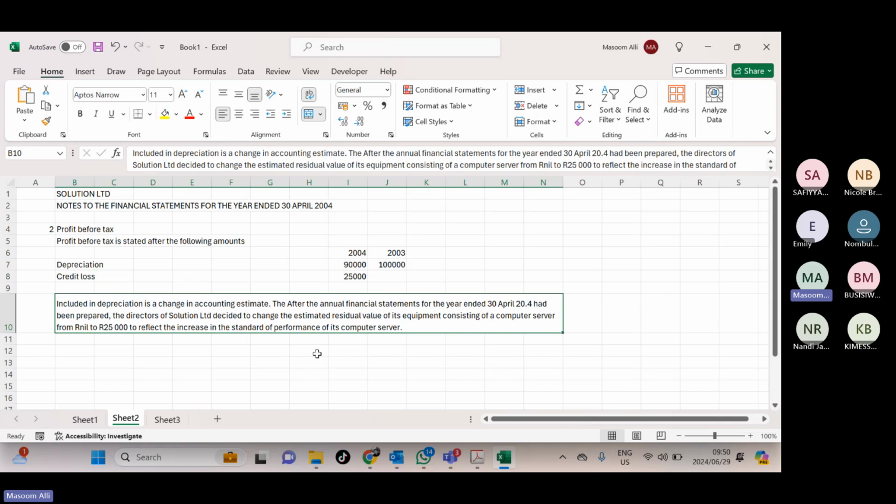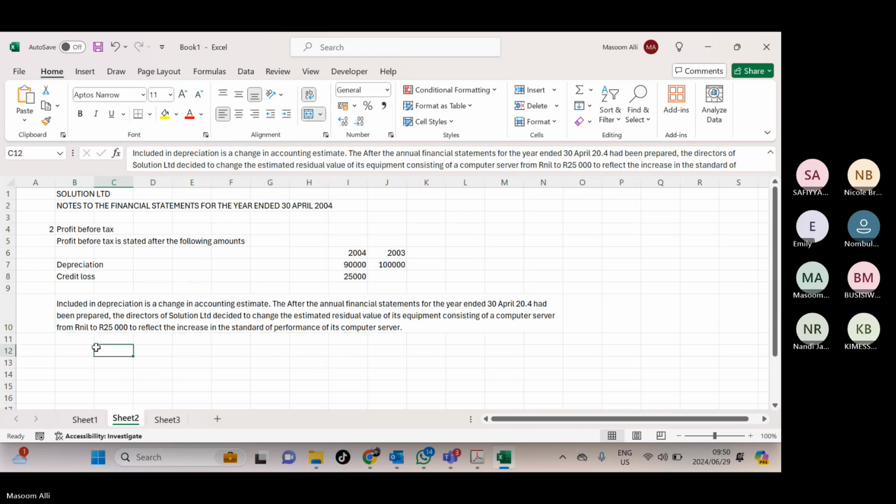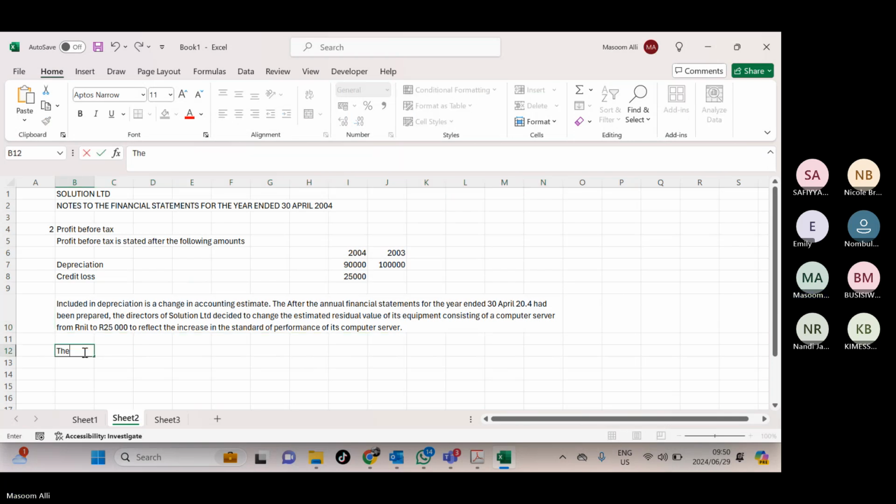Okay, right. So that is just details relating to your change in accounting estimate that you would have included over there. And then you would state what the effect of the change in estimates is as follows, right?